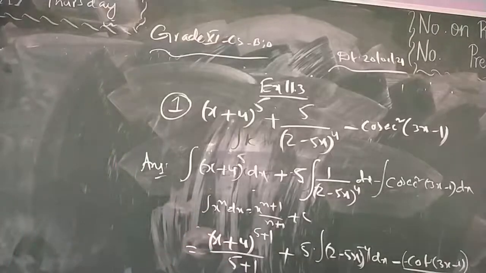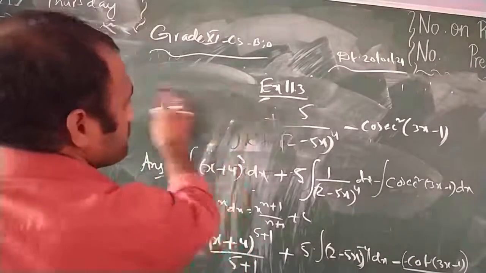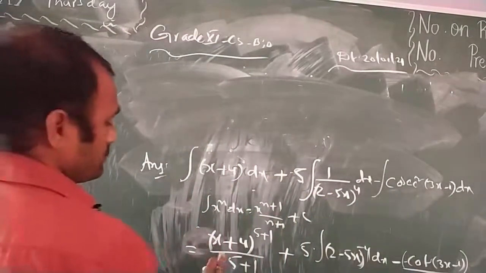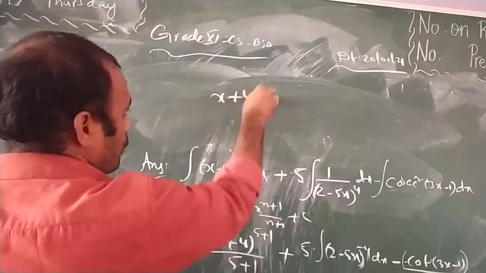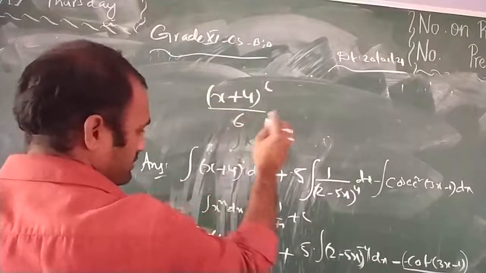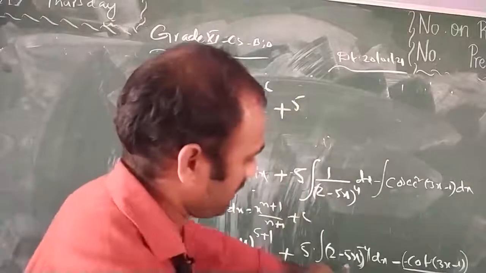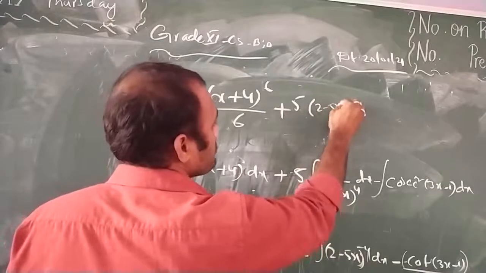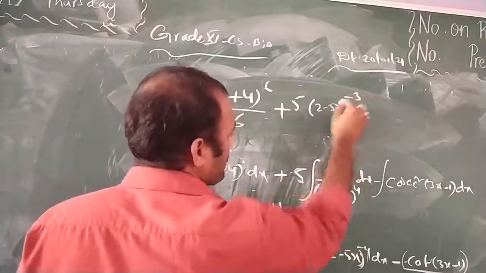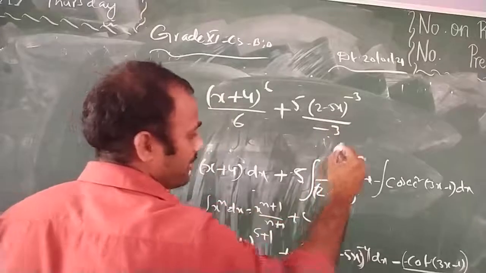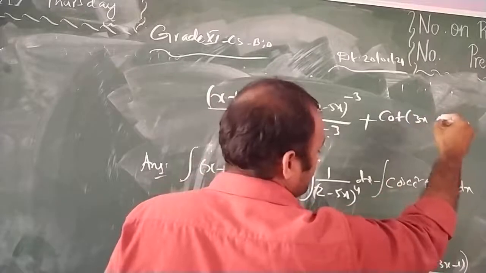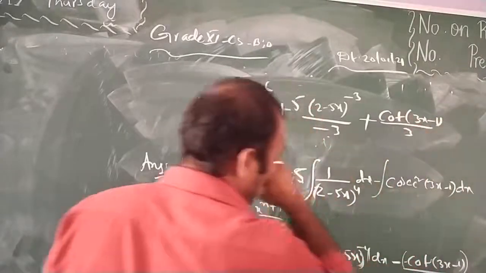So next step we will write here. (x plus 4) whole to the power of 6 by 6, plus 5 into, it is in the form of x power n integral only, so we can write (2 minus 5x) whole to the power of minus 4 plus 1, which will be minus 3, divided by minus 3, plus cot of (3x minus 1) divided by 3.